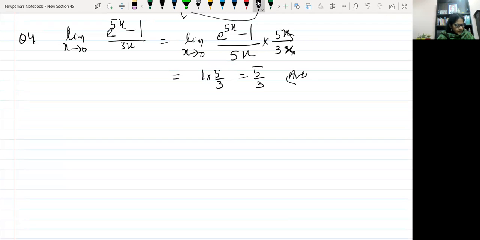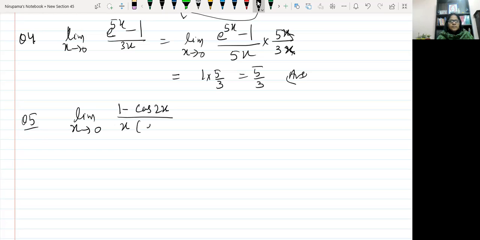Question number 5, limit x approaches 0. Let me take it as 1 minus cos 2x divided by x into e to the power 2x minus 1.